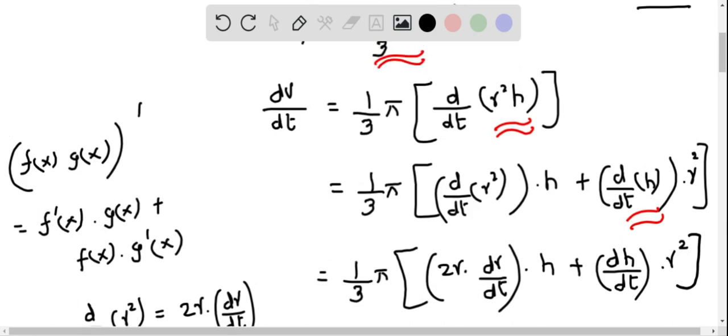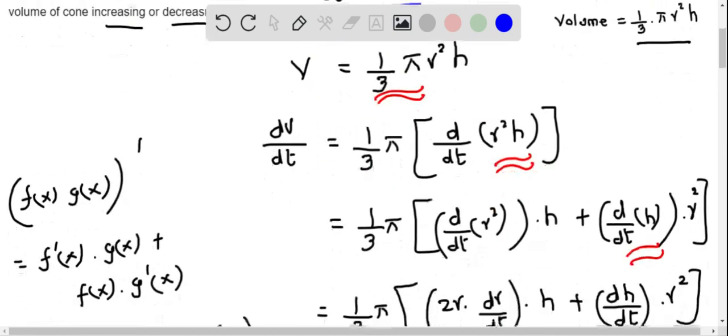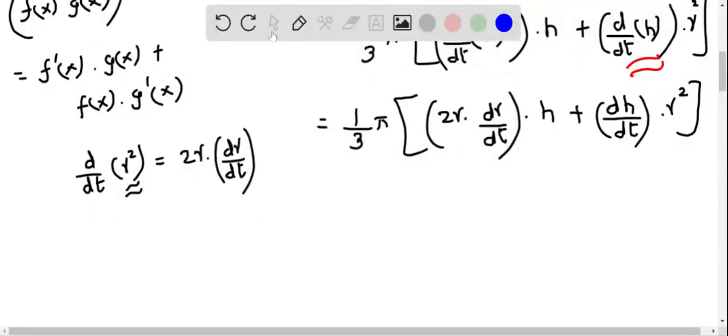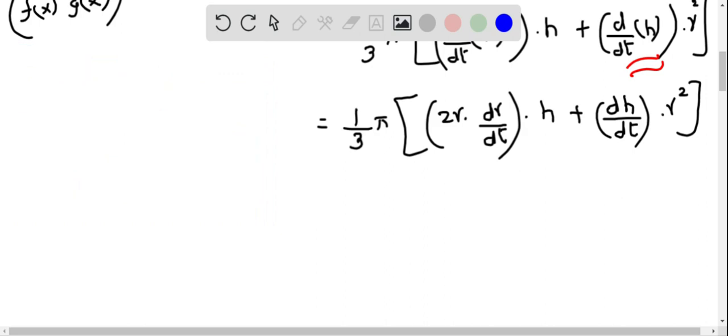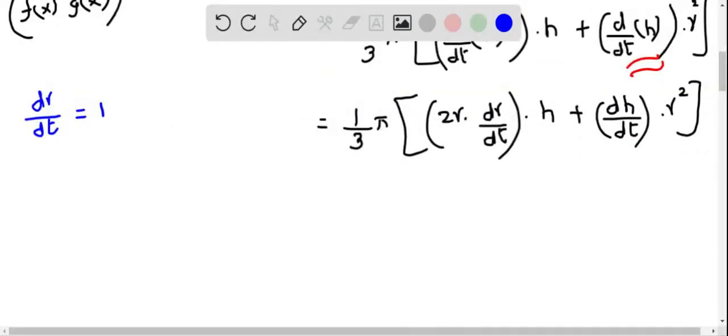Now we have all the information. We can substitute into the equation over here. I'm going to take this information, that is dr over dt equal to 1 and dh over dt equal to -2. Let me copy that first here, without the units.